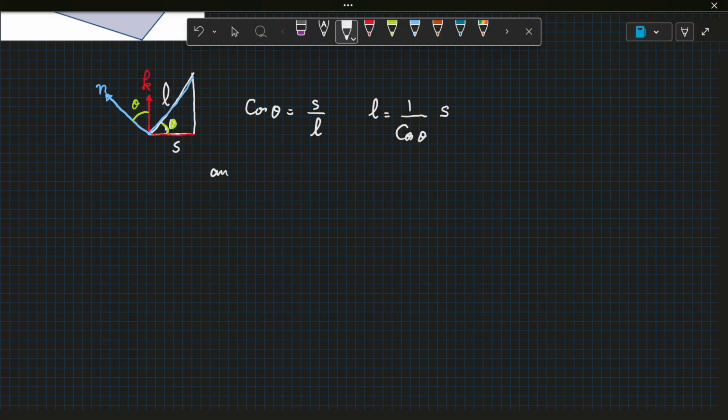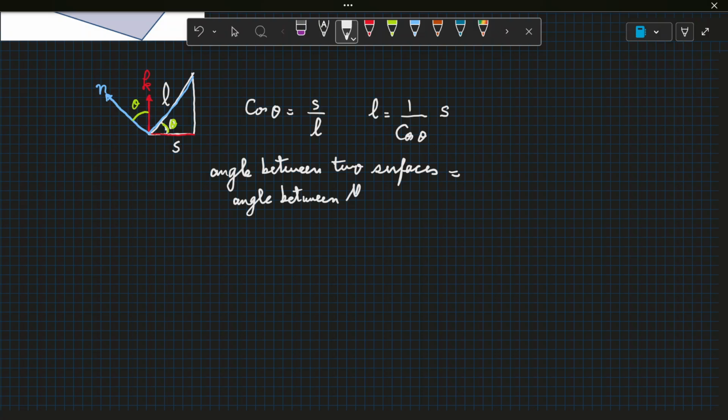So let's write this. The angle between two surfaces is equal to the angle between the normals to those surfaces.